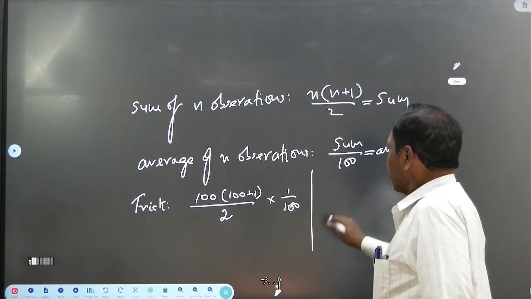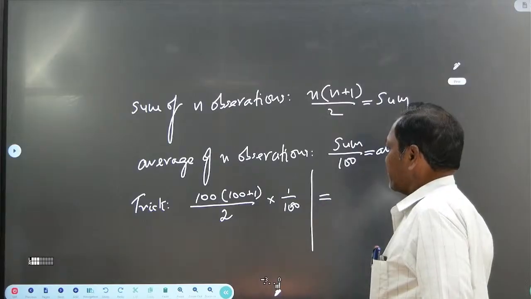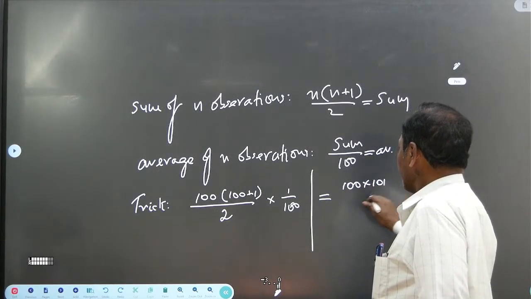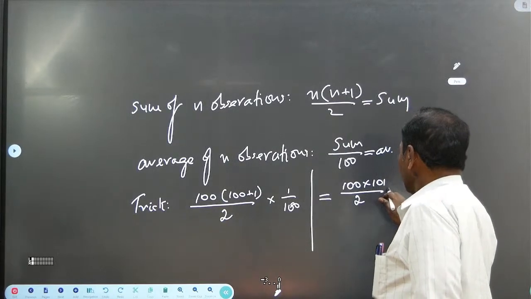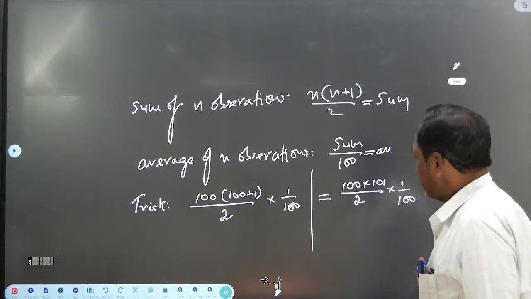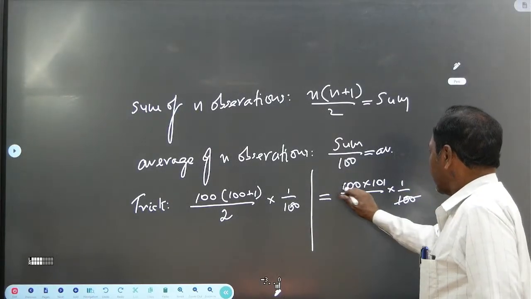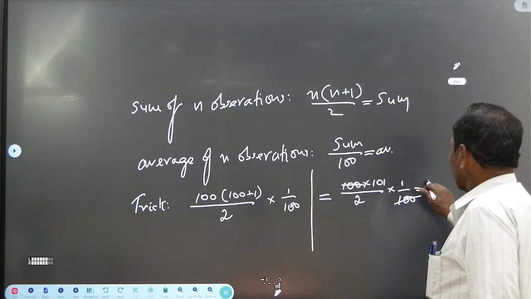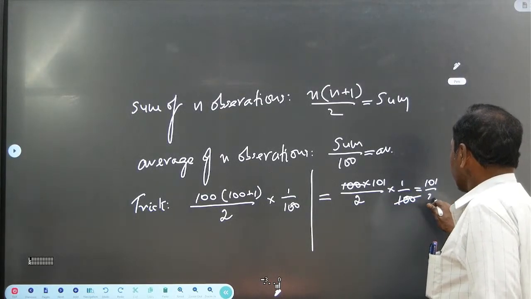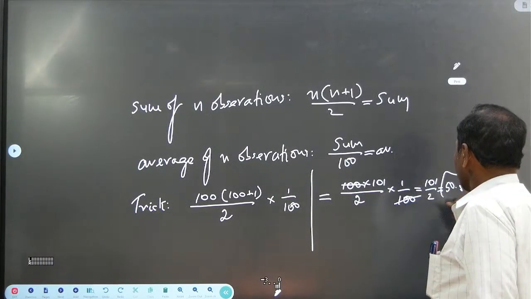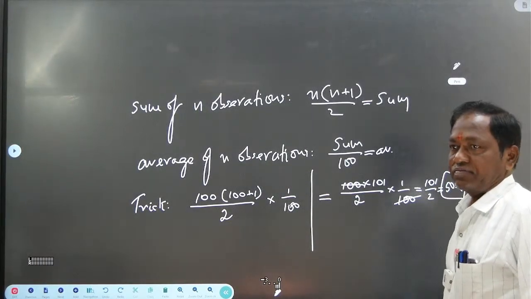Now we can see straight: 100 into 101 by 2 into 1 by 100. 100 gets cancelled. What is remaining is 101 by 2, which means 50.5.